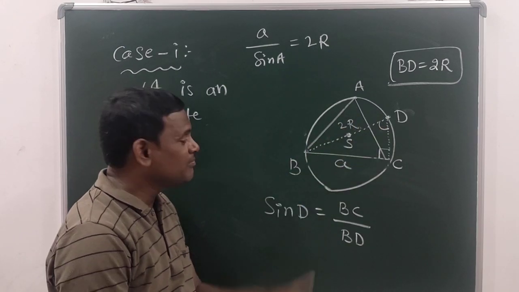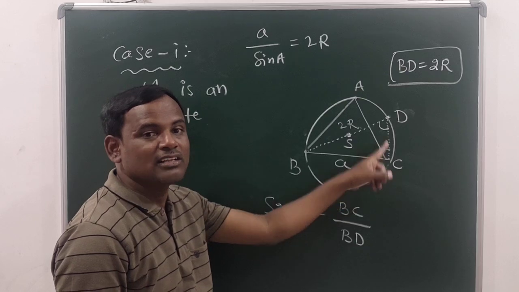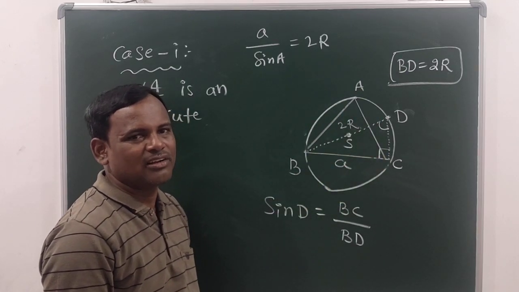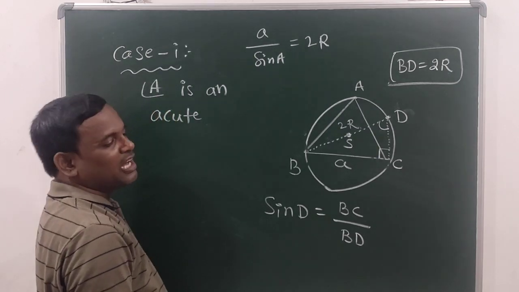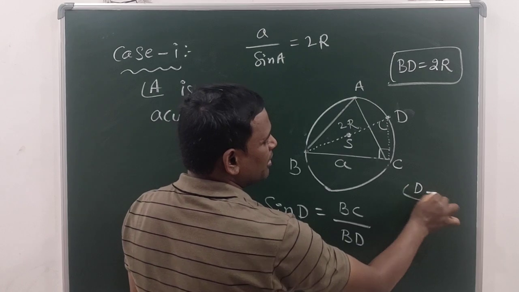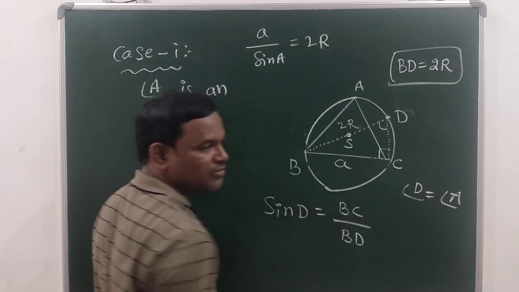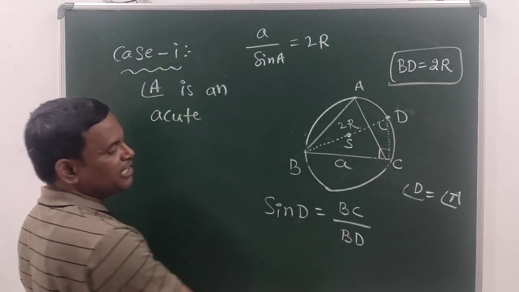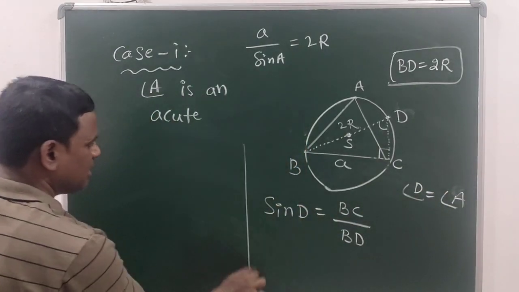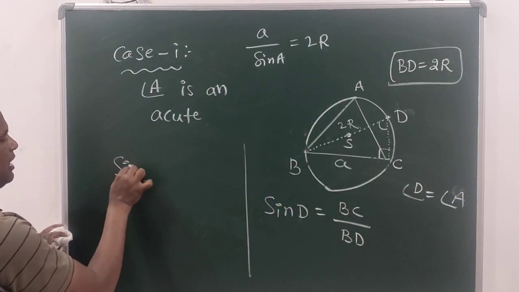Angles formed by the same arc on the same segment are always equal. So angle D is equal to angle A. Now replace D by A in the next step.